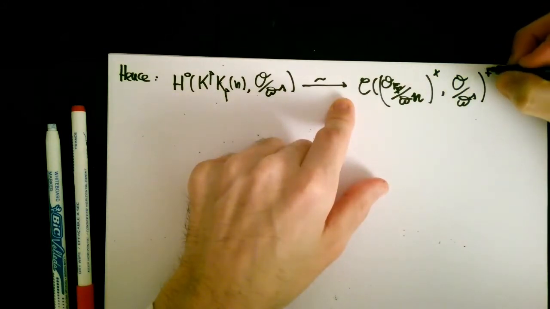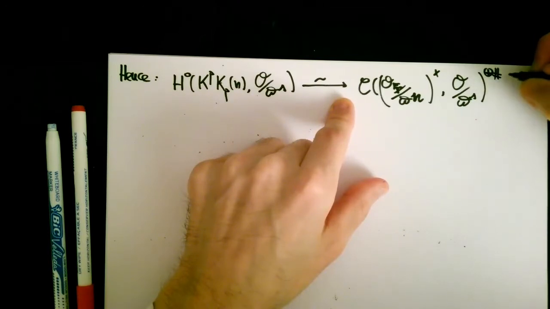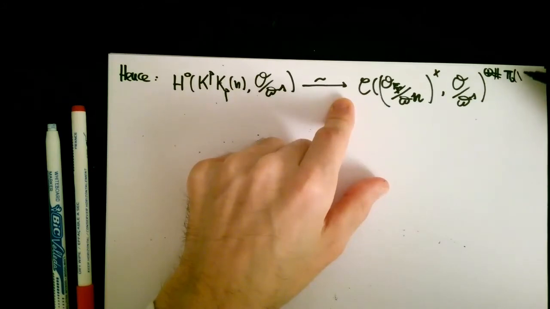And this is a direct sum over the connected components of π_0, the connected components of the base, so K^p, K_p of C.